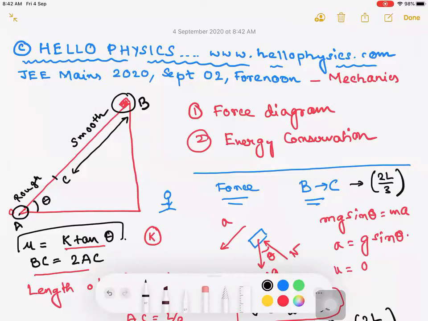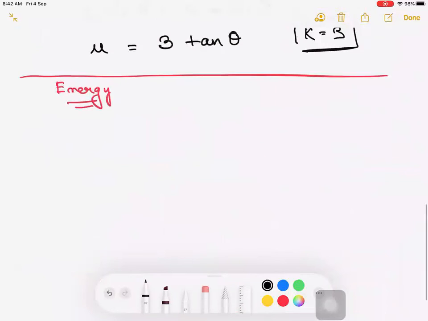So what is the total energy at point B? Let me write this as total energy at point B is equal to the potential energy at that point. And what is the potential energy? That must be equal to the mass of the object, g, times the height.